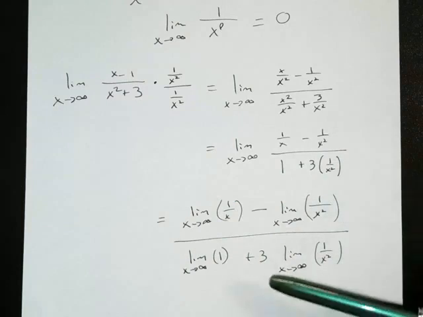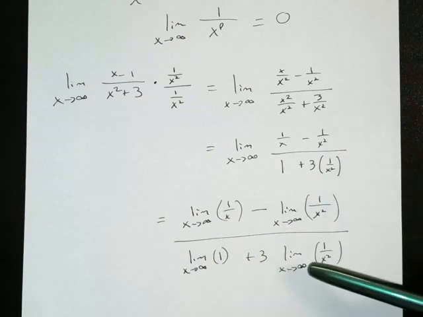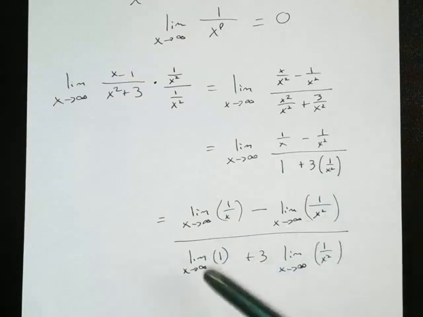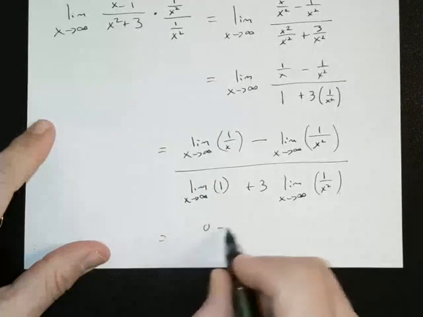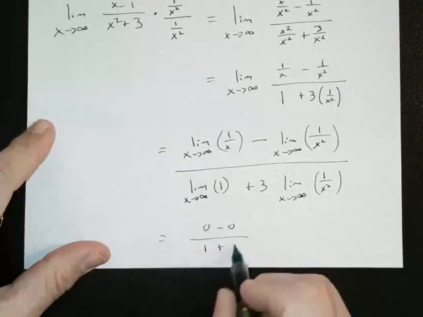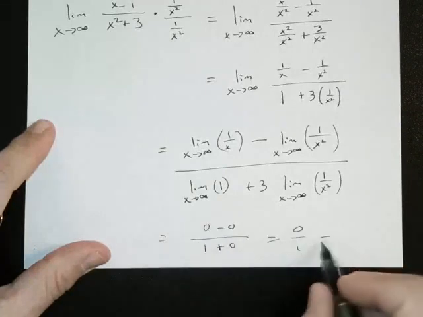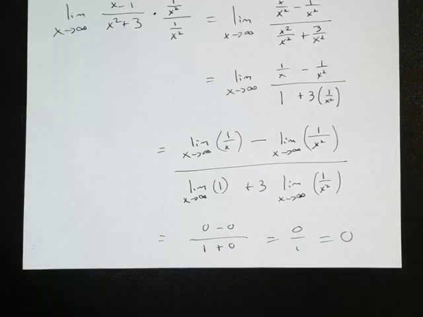On the bottom, that's 3 times 0, which is still 0. But that's a 1, because that's the limit of a constant. This limit turned out to be 0.